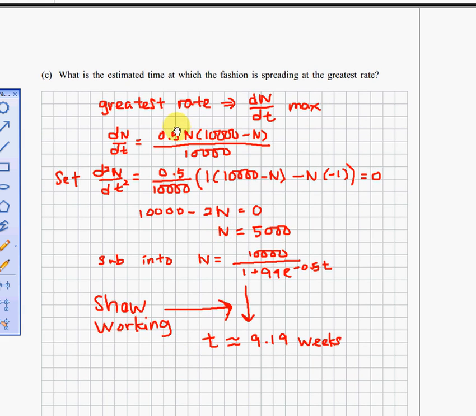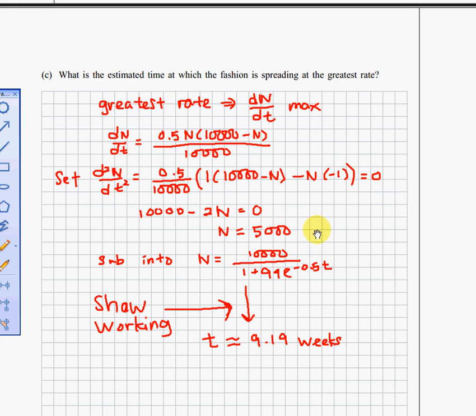answer. And the part C of this question 4, you really have to know your calculus. The greatest rate means that dN/dt is maximum, the maximum point of dN/dt, if you get to sketch it. So it means that if you differentiate dN/dt and set it to 0, and this N is where the maximum occurs.